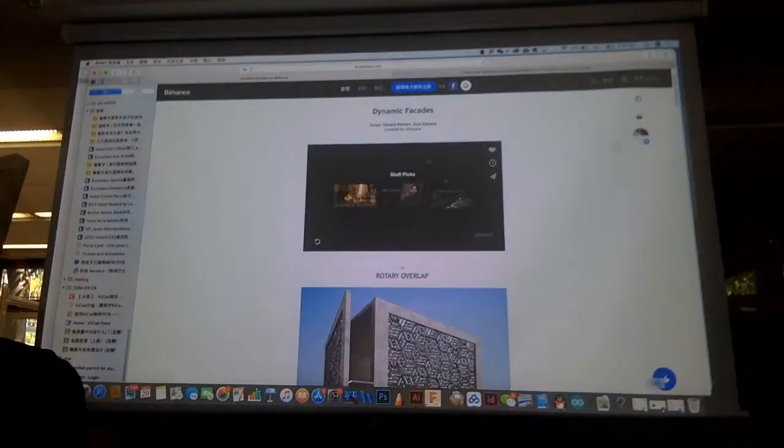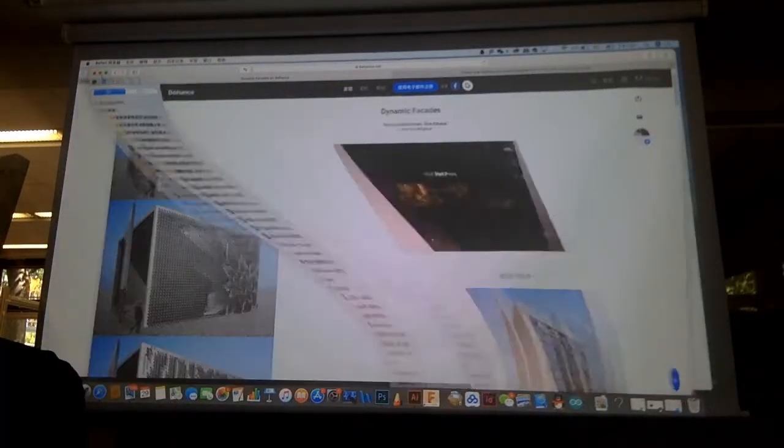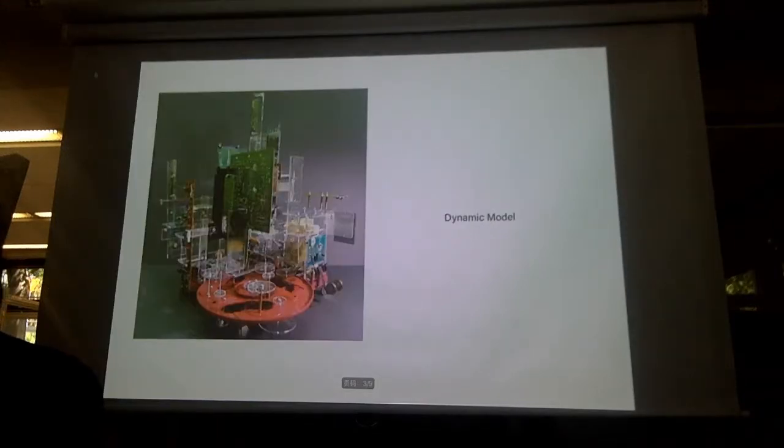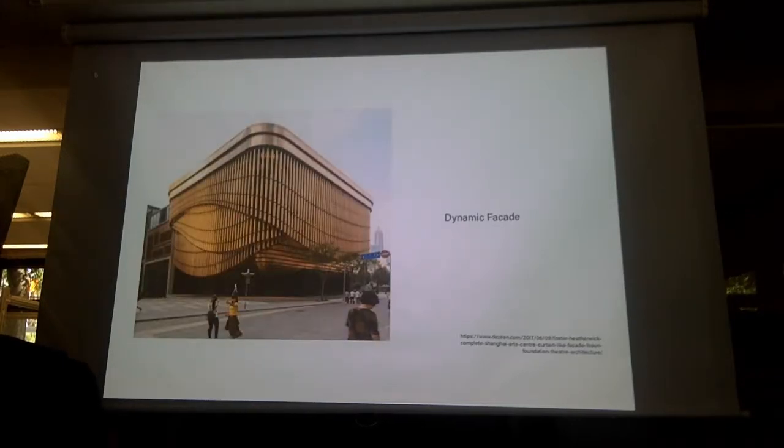Okay, this is the first type. The second type is dynamic models. Using electronics, some parts of the building models can move. The third type is what I chose to do. My project is dynamic facade.